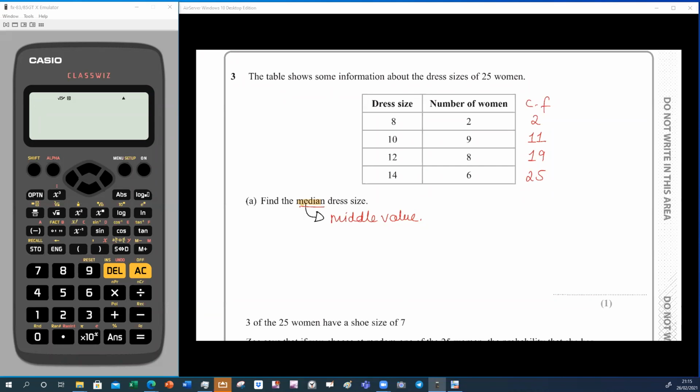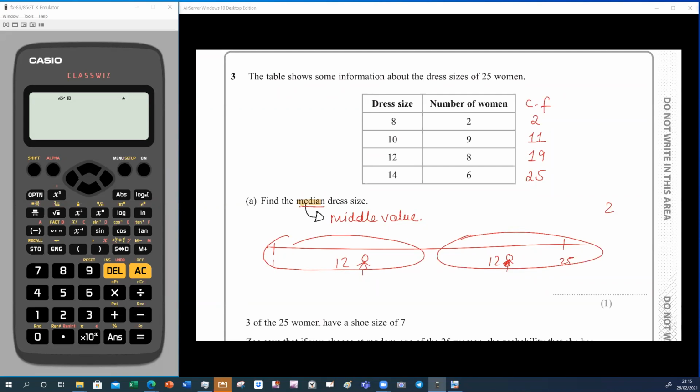Now, if you have 25 women standing in a line, woman number 1 all the way to woman number 25, so if you do, for example, 12 women on this side and 12 women on this side, what's 12 add 12? 24.